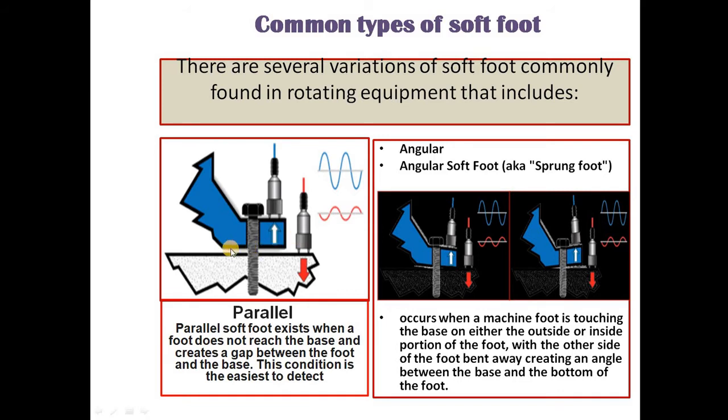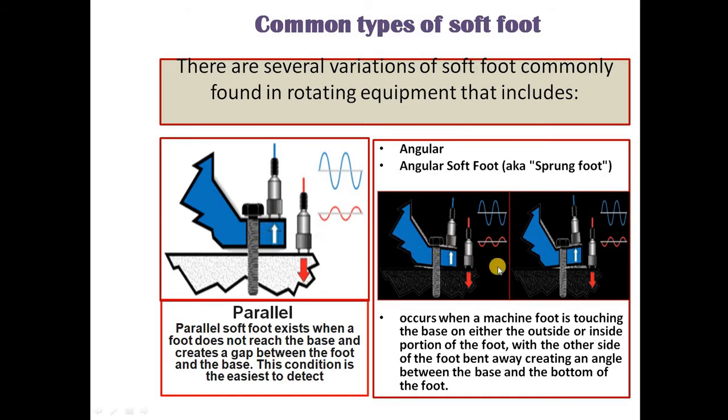So you have to fill this gap, tighten the foundation bolt, loosen the foundation bolt, and see if there is any change in the dial gauge reading. If the dial gauge reading does not change, within 0.05 millimeter, that means there is no soft footing.